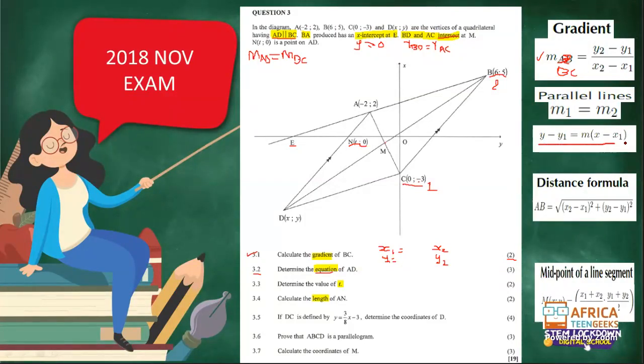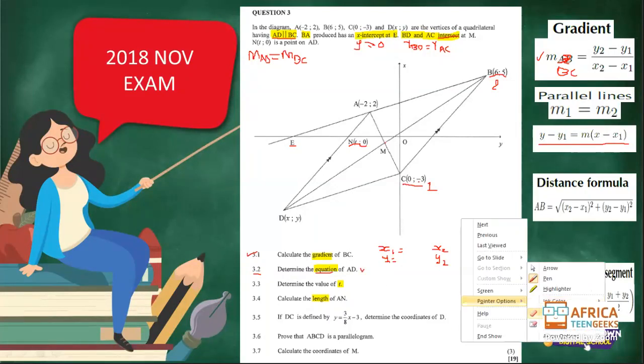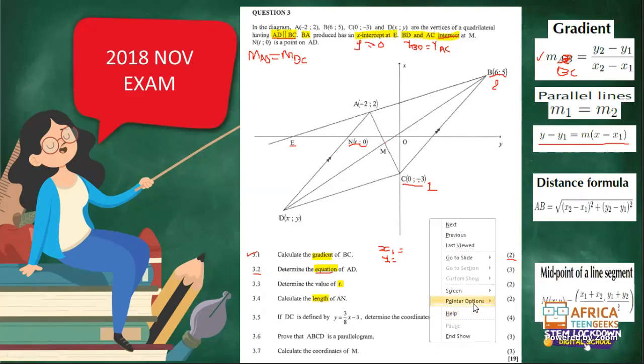this is the equation that we use, because we have a point and we have a point, and what is the gradient of AD? What is the gradient of AD?